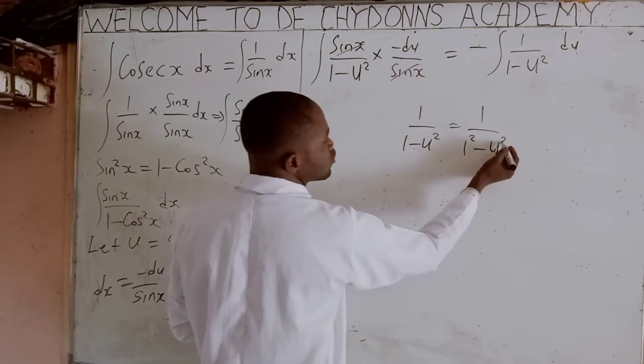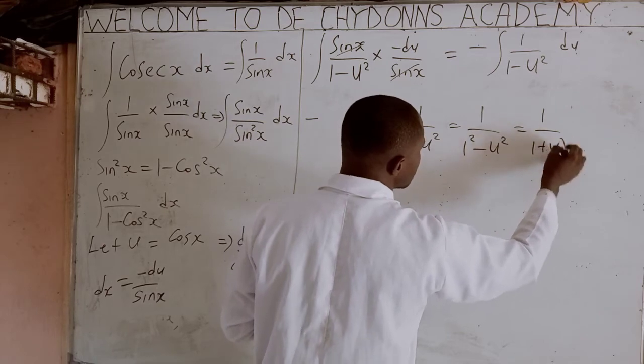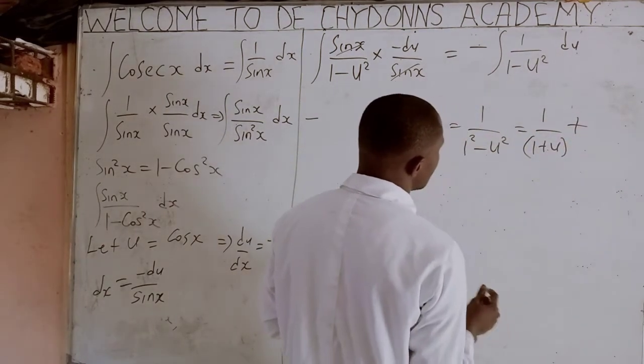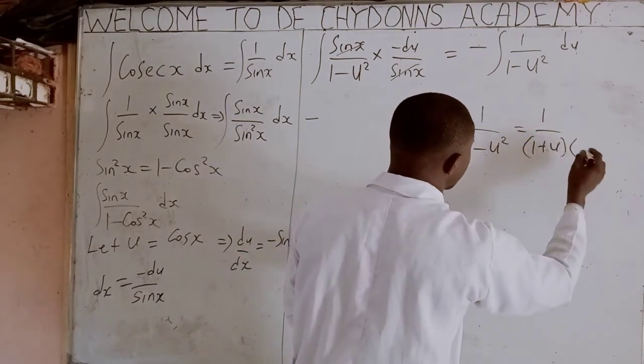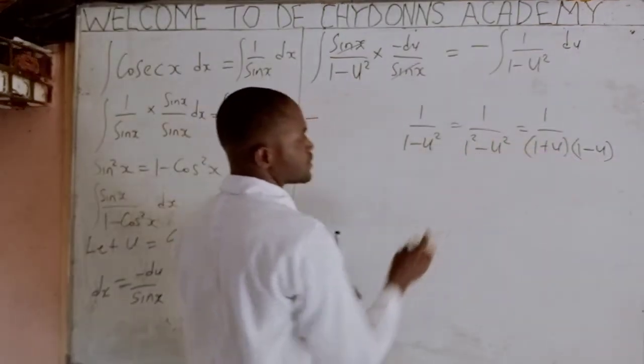This is a difference of two squares and is equal to 1 over 1 plus u, bracket 1 minus u, because this times this will give you this.